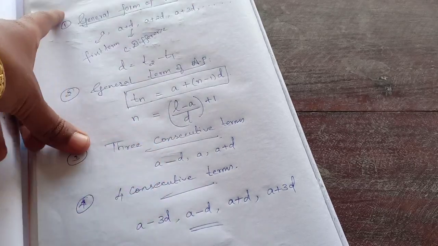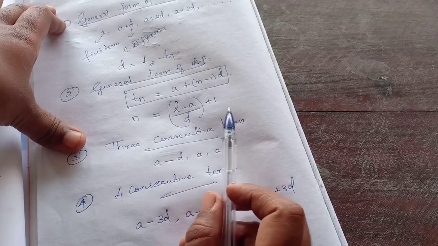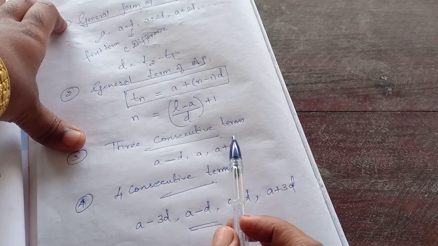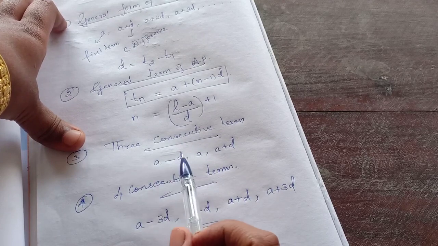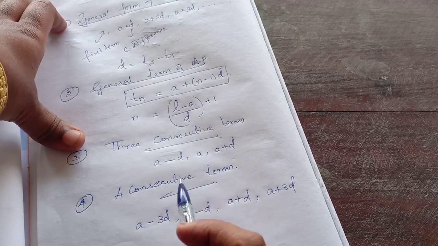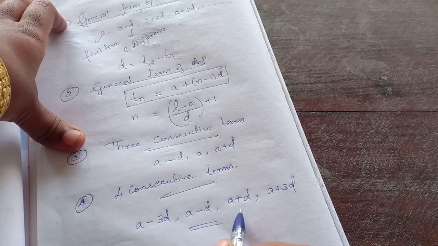By using this formula we can find that: L minus A by D plus 1. Then 3 consecutive terms in AP, you need to take A minus D, A, A plus D. 4 consecutive terms means A minus 3D, A minus D, A plus D and A plus 3D.